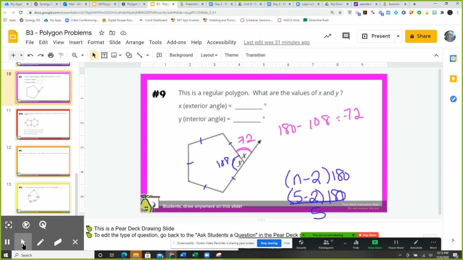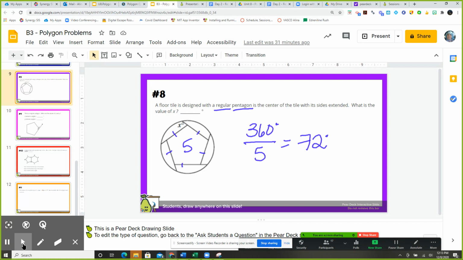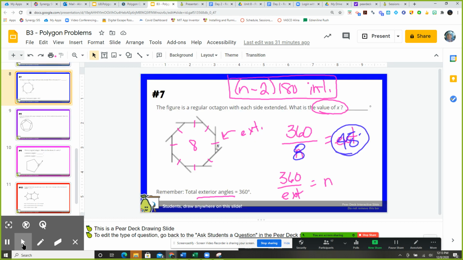Number 9 was 108 and 72. We had to find the interior and exterior angles. They're supplementary, so they add up to 180. Number 8 was just 360 divided by the number of sides is 72. Number 7 was similar. 360 divided by 8 is 45, because we're trying to find that exterior angle.